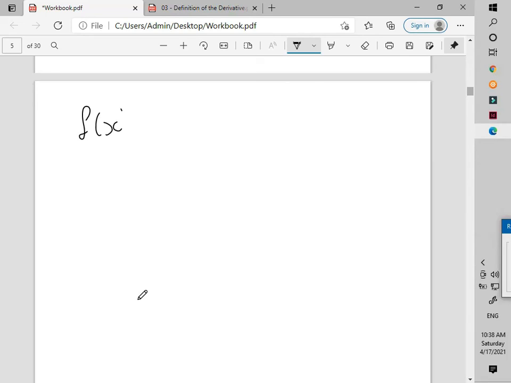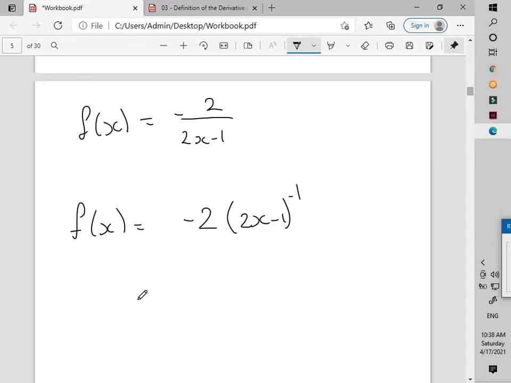So, f of x is equal to minus 2 over 2x minus 1. So, f of x is equal to minus 2 bracket 2x minus 1 raised to the minus 1. It's very similar to what happened before.